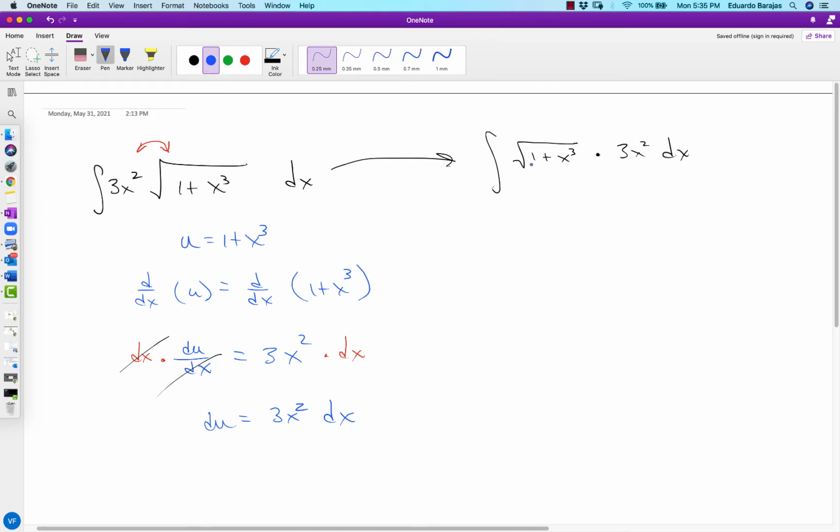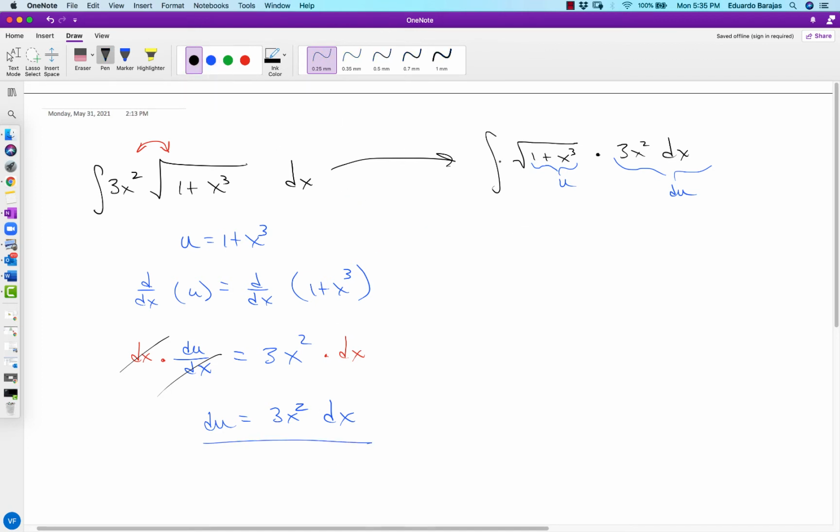And now this portion inside the root, that's my u, it's this guy. And this whole thing, including the 3x squared, including the dx, all of that is equal to my du from there. Good.